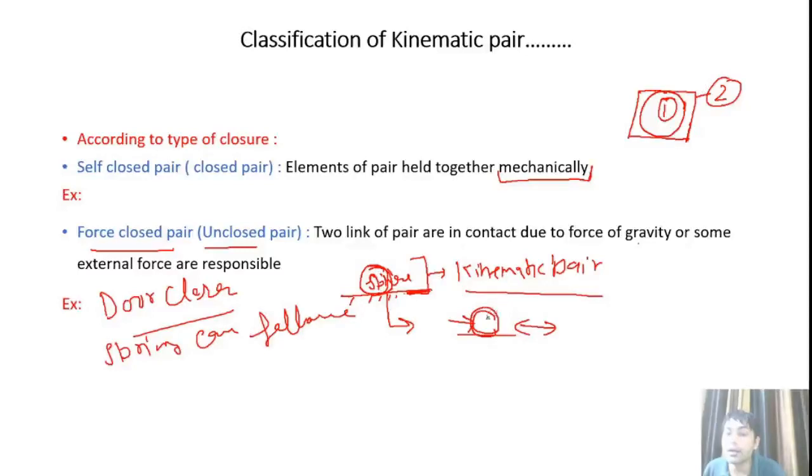If I apply torque, it will start rotating. So there is more than one motion, and the motion depends upon the direction of force, so it does not make a kinematic pair. Remember always.